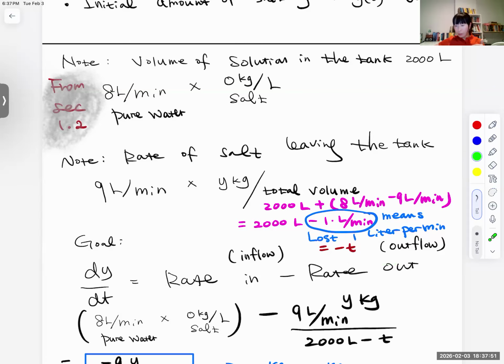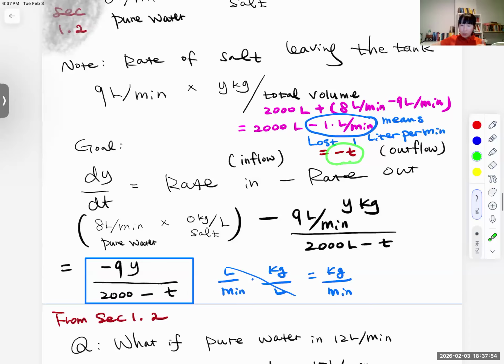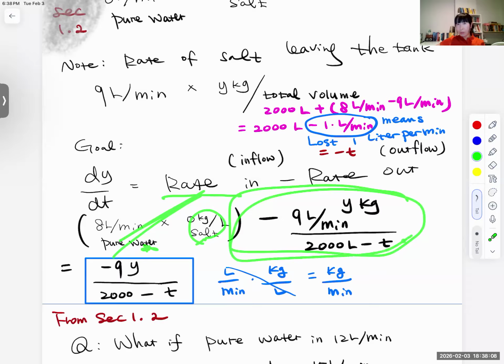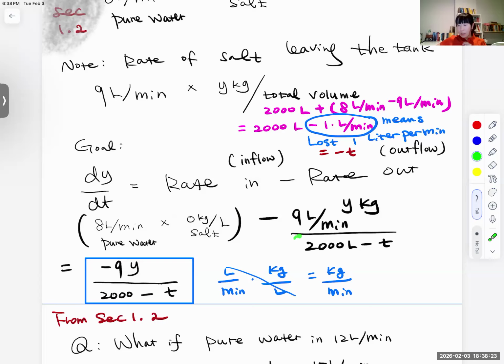That is the outflow over the volume. We ignore the first term, the rate in, because we have zero salt, since only pure water enters. So we talk about only the rate out: the drain at 9 liters per minute with an unknown amount of salt, over the total volume, which is 2,000 liters minus t.